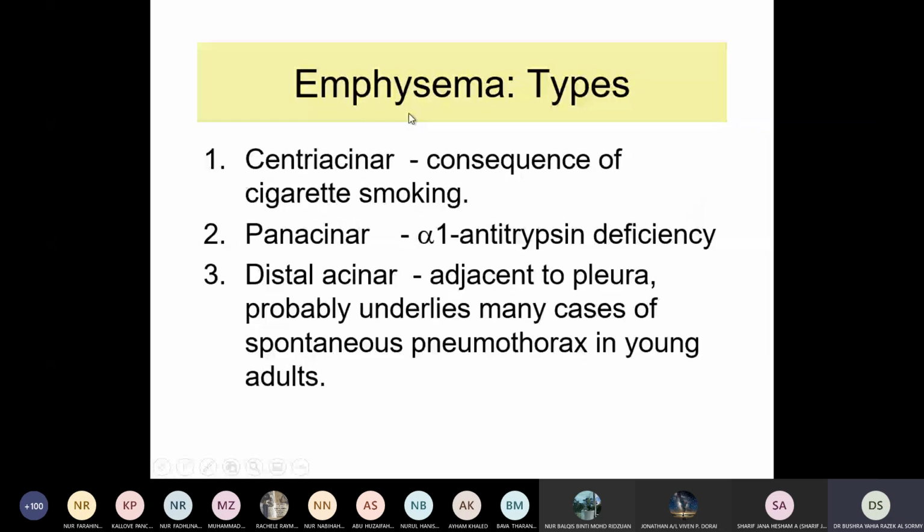Types of emphysema: we have centriacinar, panacinar, and distal acinar. Centriacinar is usually due to cigarette smoking, panacinar usually due to alpha-1 antitrypsin deficiency. Distal acinar is adjacent to the pleura and probably underlies many cases of spontaneous pneumothorax in young adults.